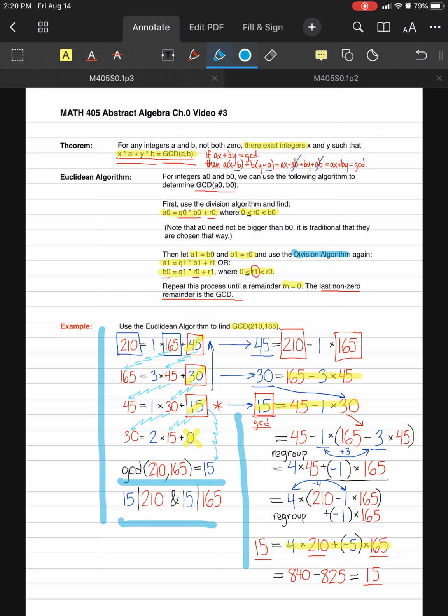So repeated uses of the division algorithm let us find our GCD. Once we've done that, we can keep the work we did here and go through that work backwards to find the GCD as a linear combination of the two numbers we started with.